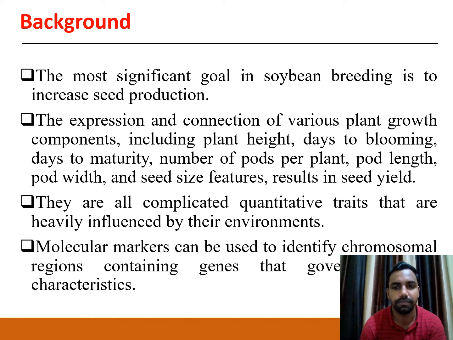The expression of various plant growth components such as plant height, days to blooming, days to maturity, number of pods per plant, pod length, pod width, and seed size features ultimately contribute to the seed yield, and they are all complicated quantitative traits that are majorly influenced by the environment. Therefore, there is a need to identify the chromosomal regions which contain the genes that regulate the yield-related traits in soybean, which can be achieved through molecular markers.